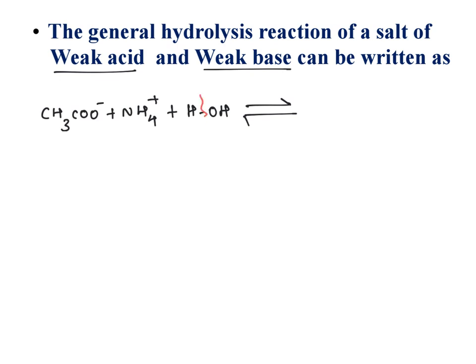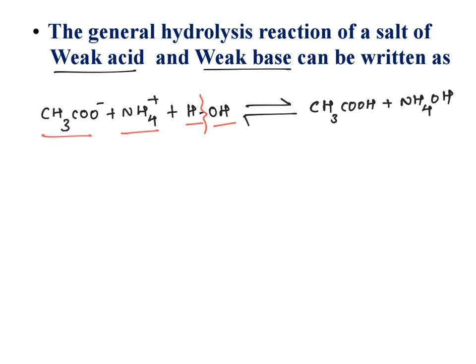So the acetate ion abstracts H plus ion and is converted into acetic acid, plus NH4 plus ion, the ammonium ion, abstracts OH minus and is converted into ammonium hydroxide. This is a salt hydrolysis reaction.